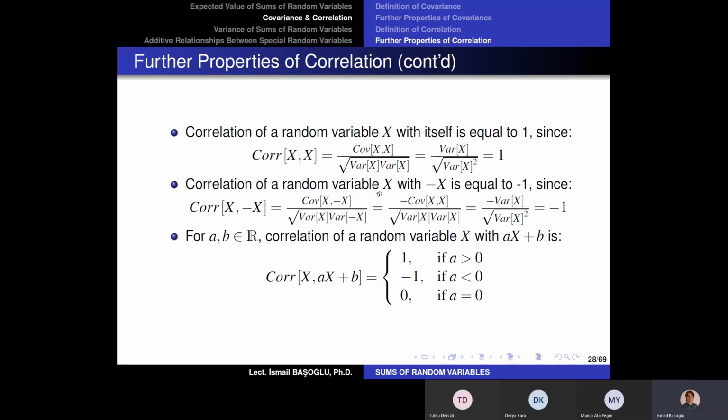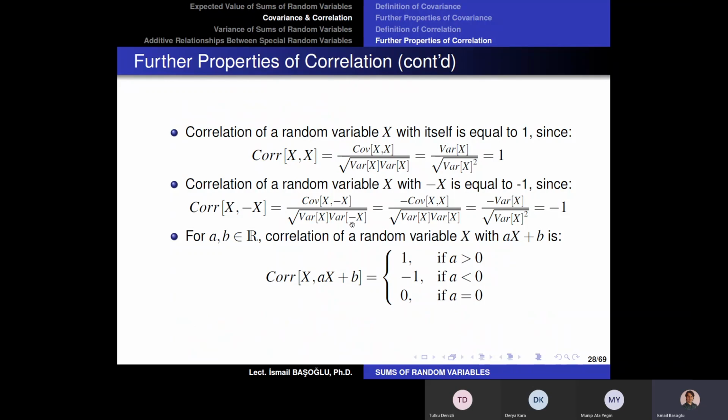What is the correlation of a random variable x with its negative? So what is the correlation between x and -x? That is going to be the covariance of x and -x divided by the square root of the variance of x and variance of -x. Now, that -1 coefficient in front of x in the covariance can get out of the covariance.